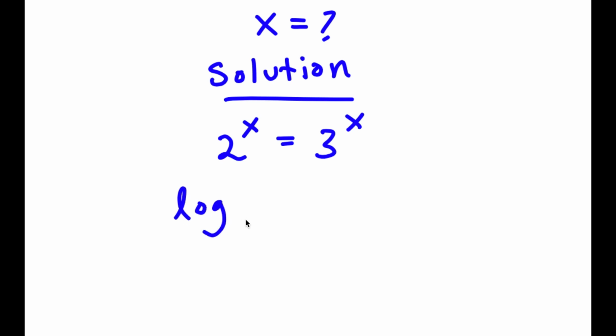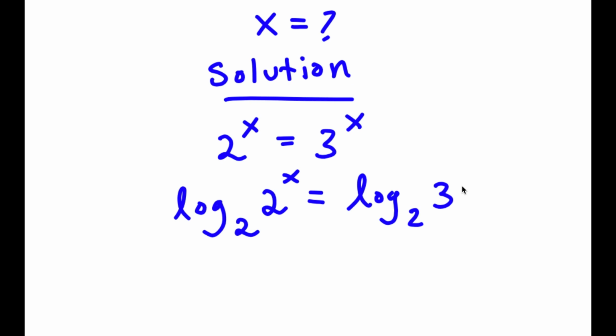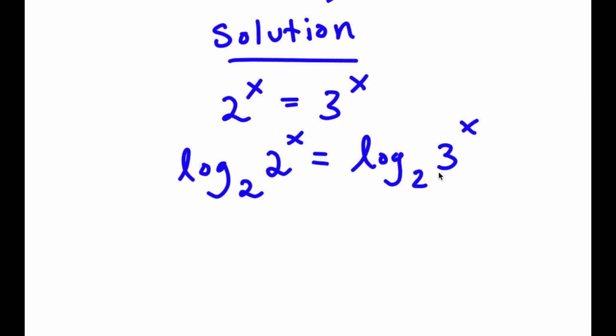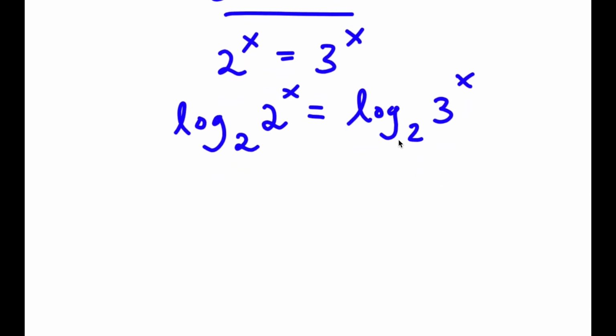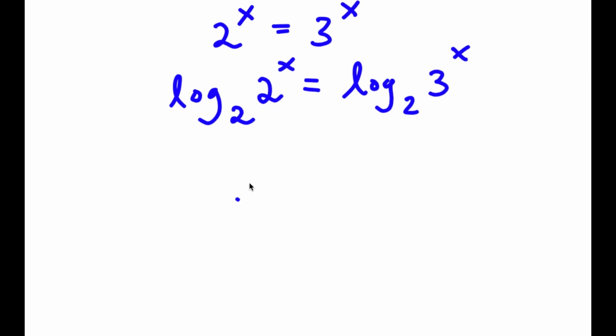So now I have log base 2 of 2^x is equal to log base 2 of 3^x. Now, if I have something in the form log base a of a, this is simply equal to 1.